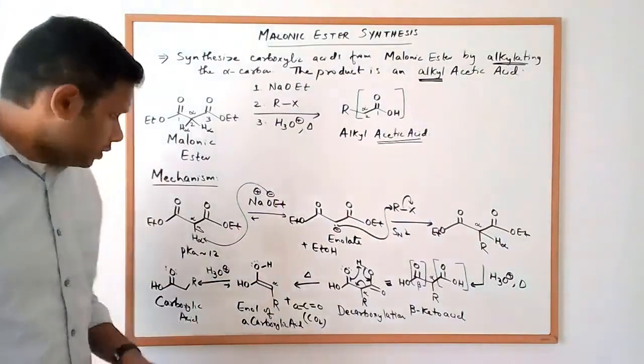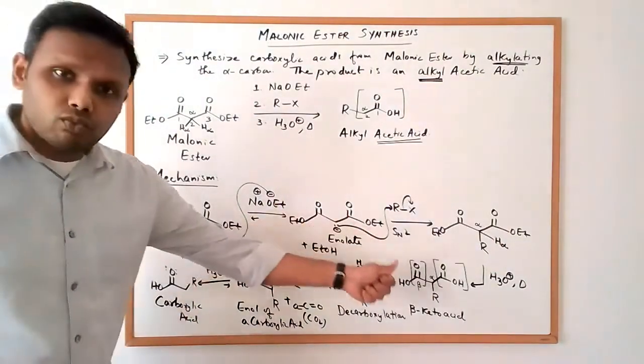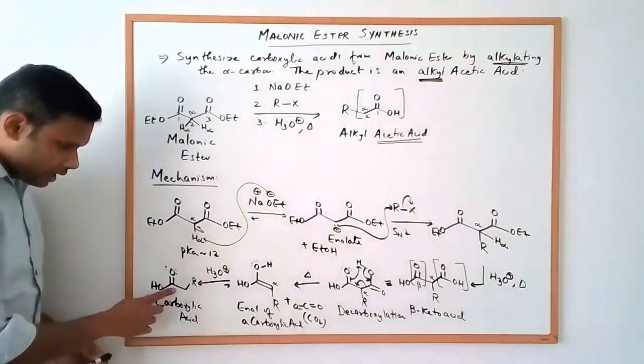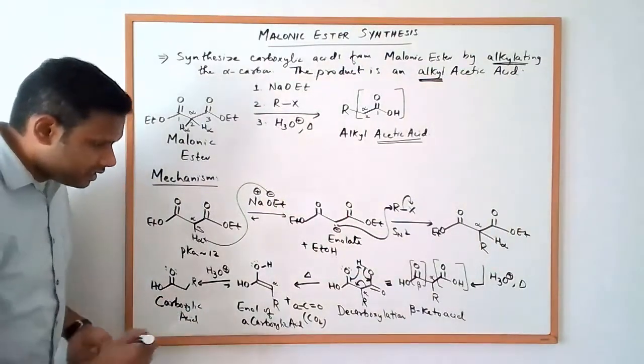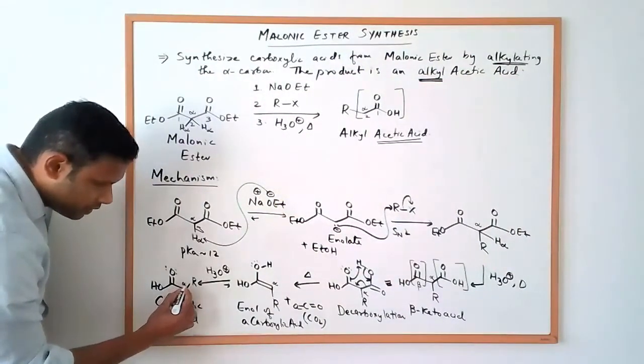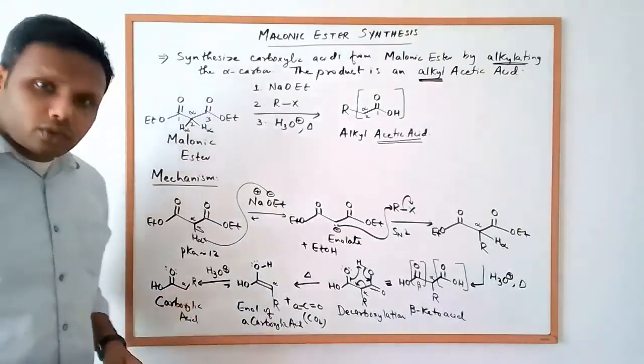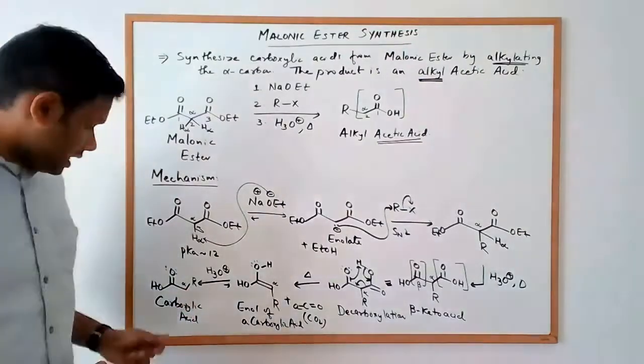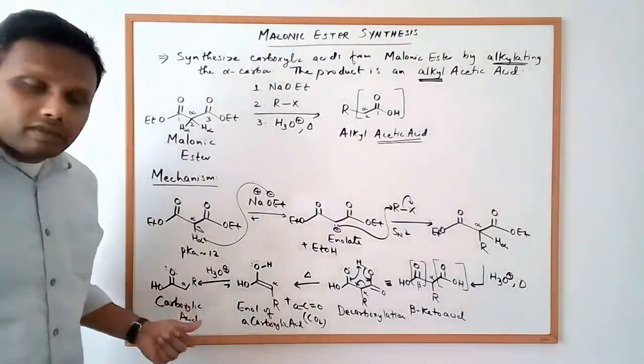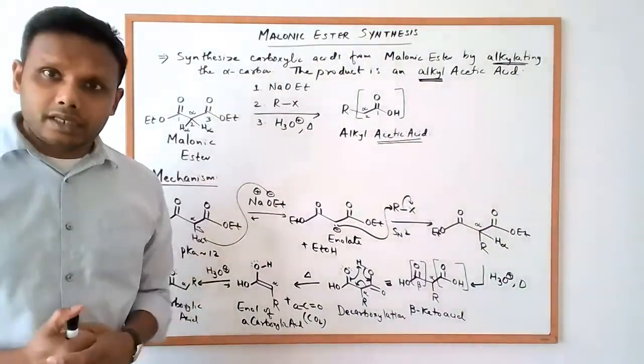So that is how the malonic ester is converted into an alkyl acetic acid. Now, what we have is an alkyl group connected to the alpha carbon, and we've got an alkyl acetic acid.